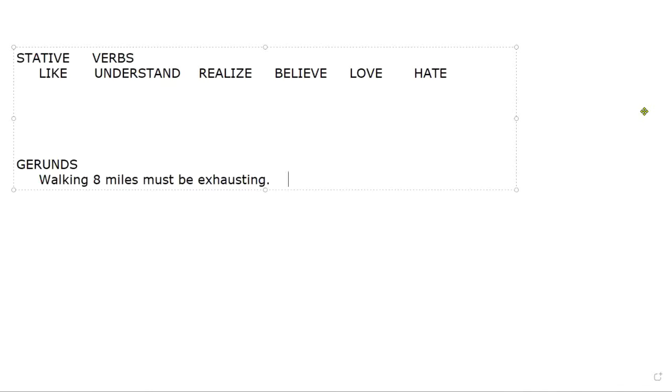Let me give you another example. Drink 8 glasses of water may help you lose weight. And I say may because it's not for sure. Maybe yes, maybe not.